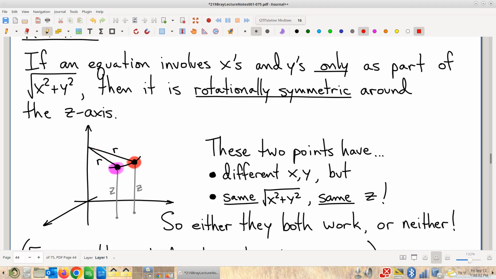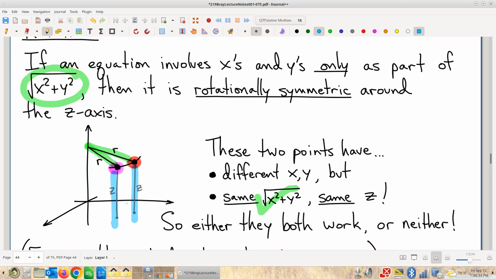Who knows? Here's the thing. If x and y appear only as part of that form, and notice that is exactly the distance from the z-axis, aka our cylindrical r, these two points have the same value in terms of every way that x and y show up in the equation. And another nice thing about rotations: they preserve z.